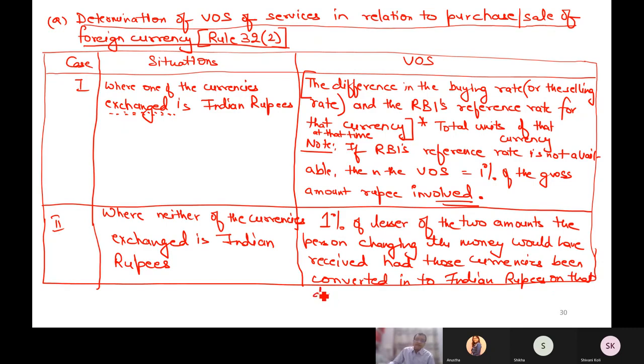Now every day the exchange rate changes, so that should be on that particular day when the currencies were exchanged, at the RBI's reference rate. So 1% of the lesser of the two amounts the person changing the money would have received had those currencies been converted into Indian rupee on that day at the RBI's reference rate. Now let me have an example.